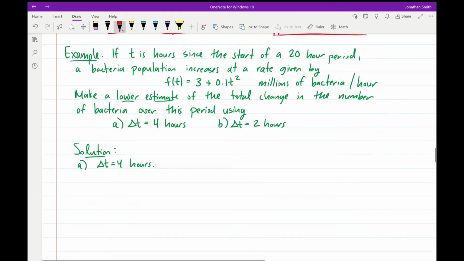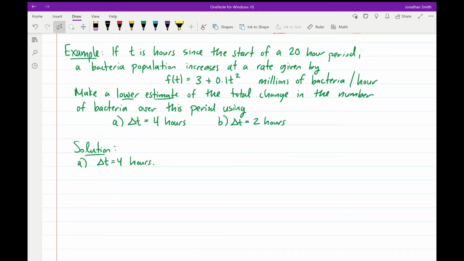Okay, so here's an example using this idea. t is the number of hours since the start of a 20-hour period in this example, and a bacteria population increases at a rate that's given by this function f of t equals 3 plus 0.1 t squared, and the units are millions of bacteria per hour.